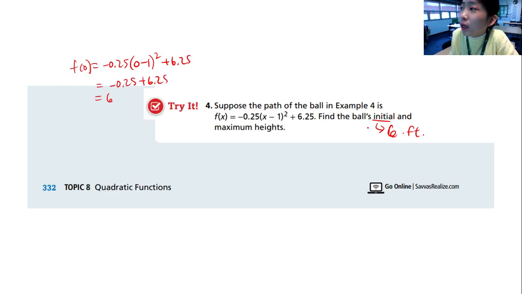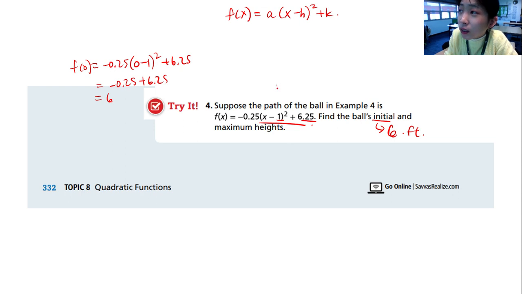And then the maximum height, you need to figure out the vertex. This is already in vertex form. Do you see h and k? Remember your vertex form is a times (x minus h) squared plus k. So your h is 1 and k is 6.25.